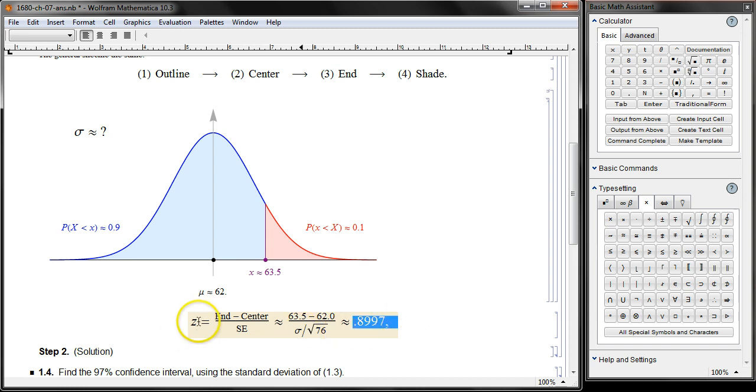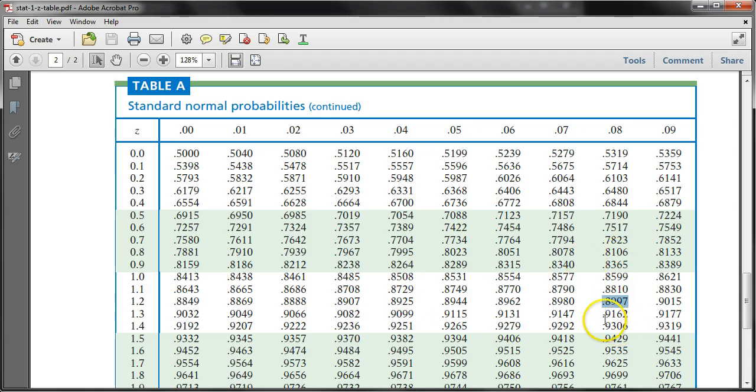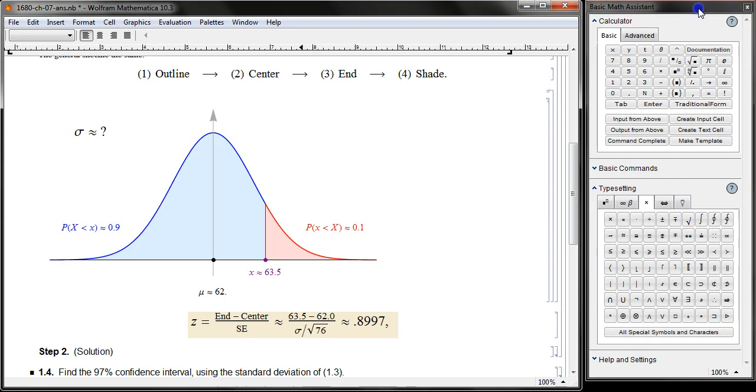This is the place for z-score. So 0.8997 is the probability, and the z-score associated with this probability is 1.28. This is coming from 1.2 row and 0.08 column. So you have to look up the z-table and get the right z-score of 1.28. Now this equation is complete, and you can solve for sigma from here.